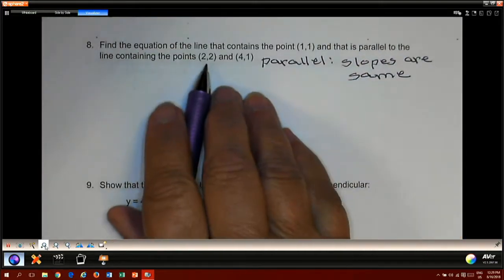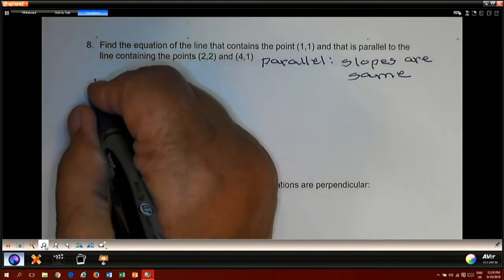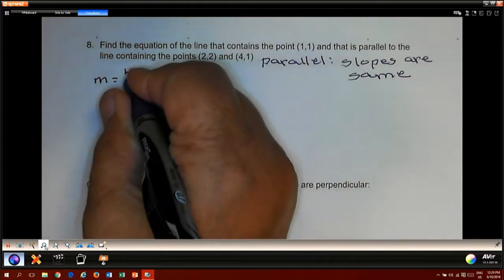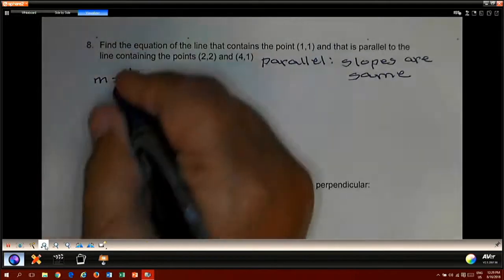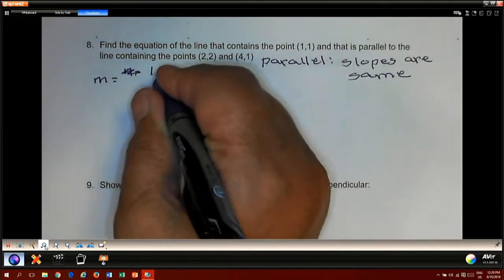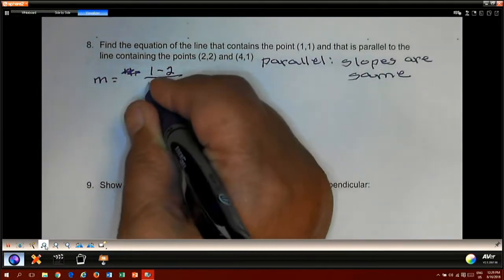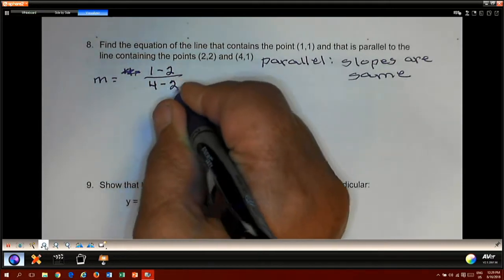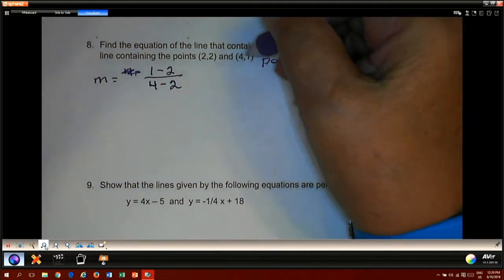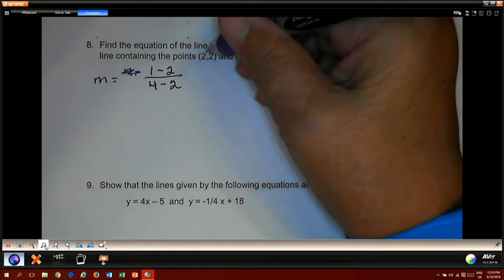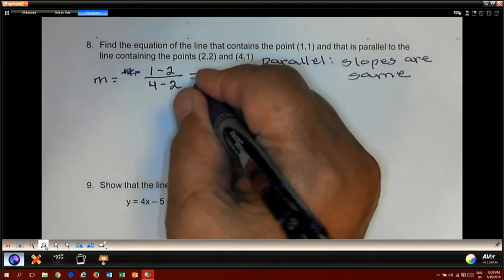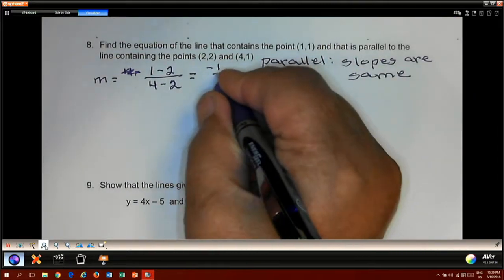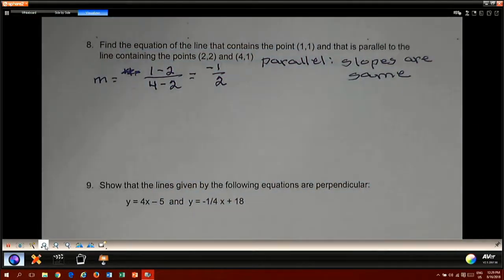So we need to first find the slope of this line. So the slope of that line is 1 minus 2 over 4 minus 2. y2 minus y1 over x2 minus x1, which gives us negative 1 over 2.